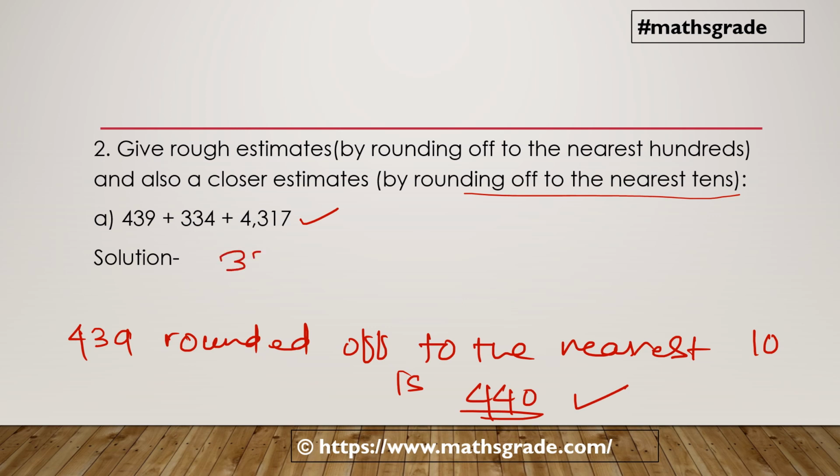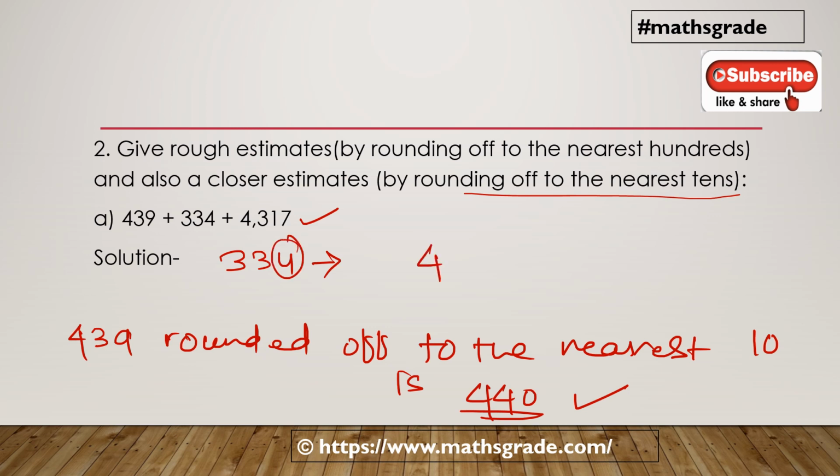Now 334. When we round off this number 334 to the nearest 10, in 334, the unit place digit is 4 and 4 is less than 5. So don't add 1 in tens place digit.